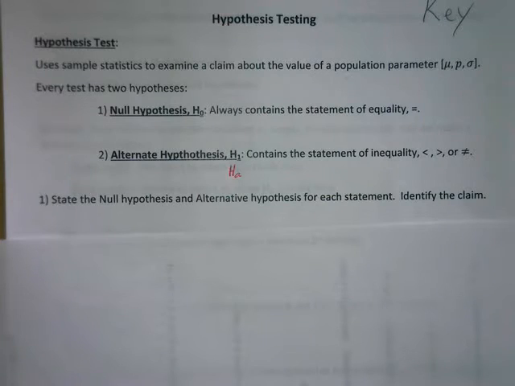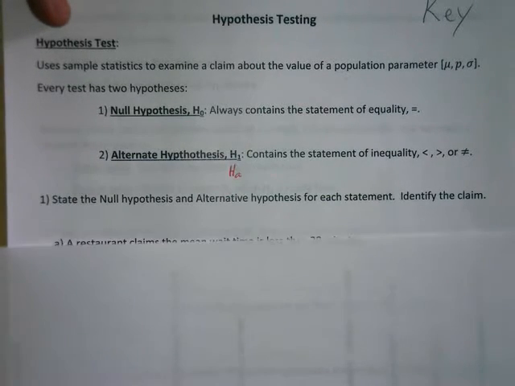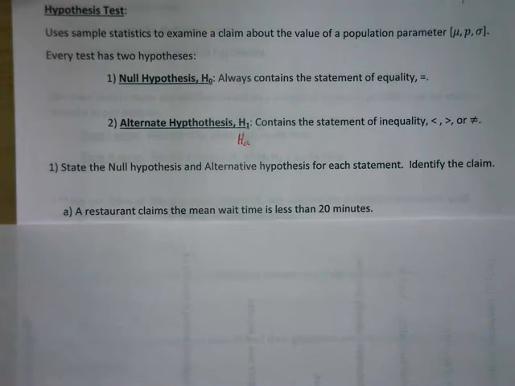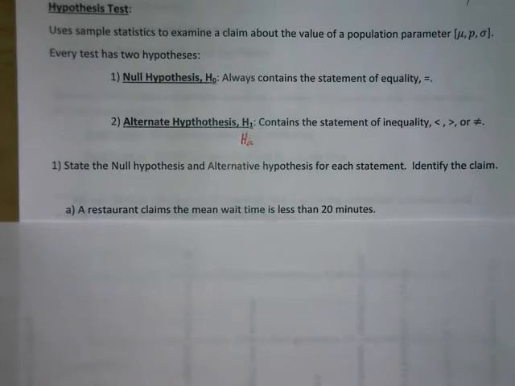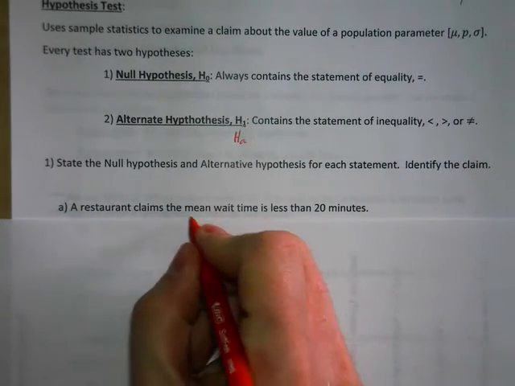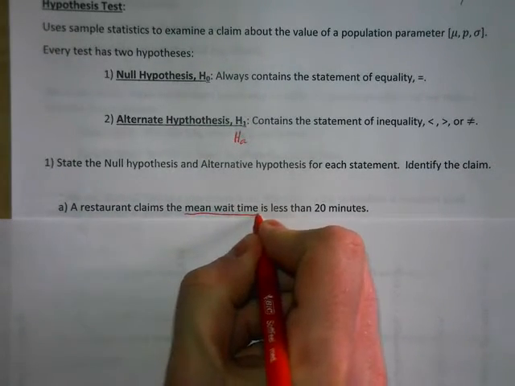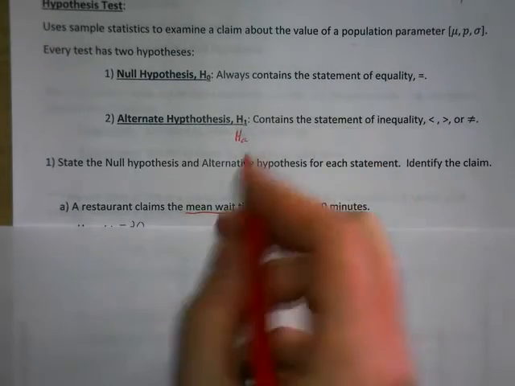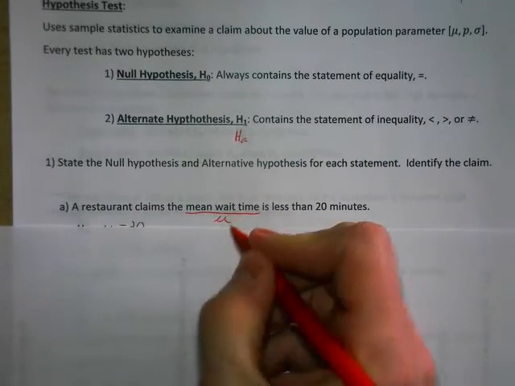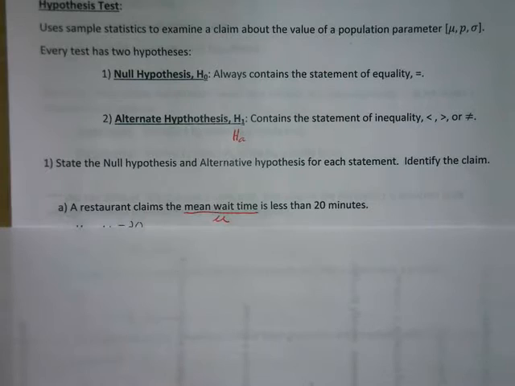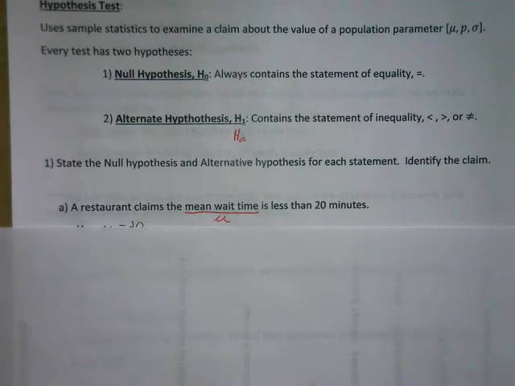The first thing we have to do is state hypotheses. So, a restaurant claims that the mean wait time is less than 20 minutes. When you see mean wait time, that means we're looking at mu. They're trying to claim that the mean wait time of their population of customers, so of all people, is less than 20 minutes on average.